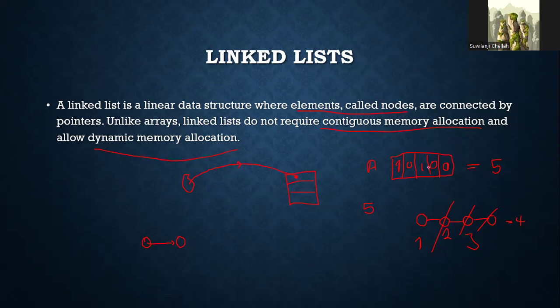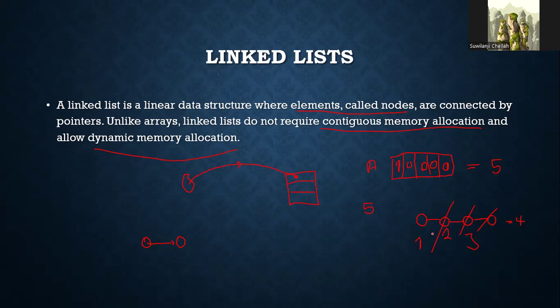Okay? So for the array, regardless of whether I remove all of these elements, the memory allocation will still remain 5. That's the key takeaway between these videos. The memory allocation for an array is going to remain 5, but for a linked list, if I remove nodes, the memory allocation is going to reduce.